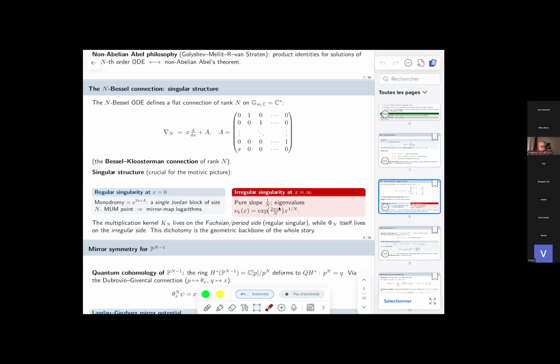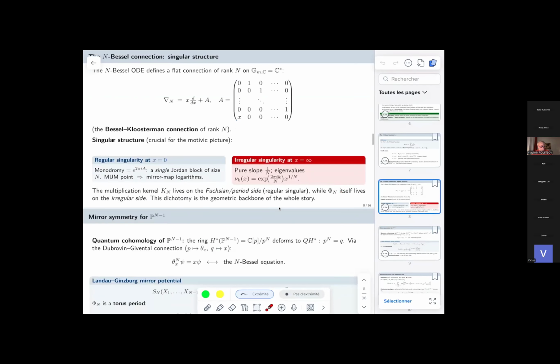So we have some kind of Fuchsian side for this kernel, while the solutions F_n have an irregular side. It is some strange dichotomy because the kernels, which represent products of these solutions, are much nicer than the solutions themselves.